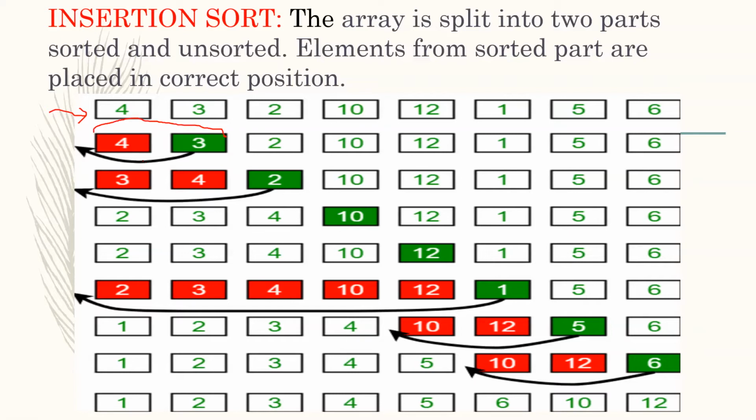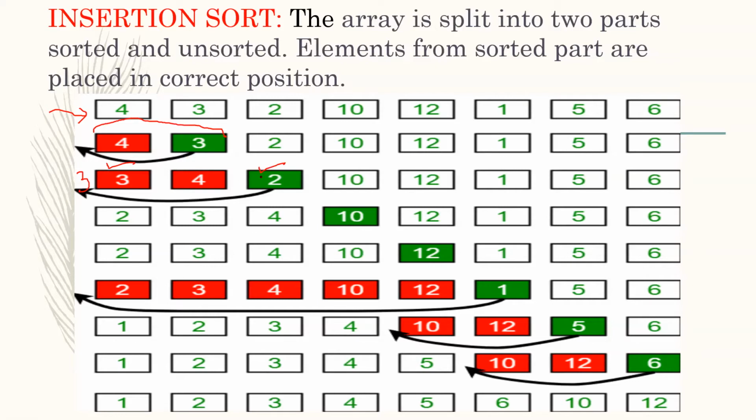Since we are arranging the elements in increasing order, we'll compare 4 and 3, and since 3 is less than 4, the 3 will come before the 4, as you can see in the third step. Correct. Similarly, now the element 2 is smaller than both 4 and 3.